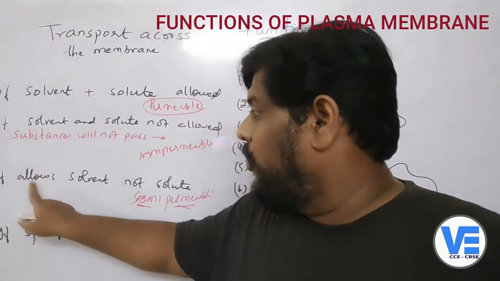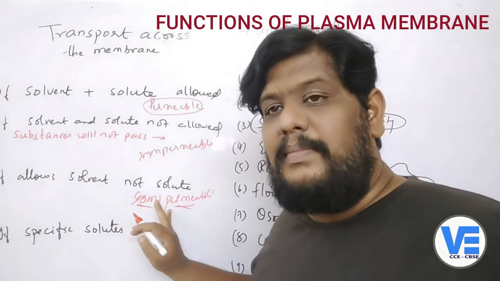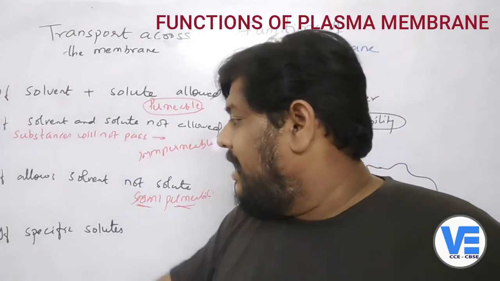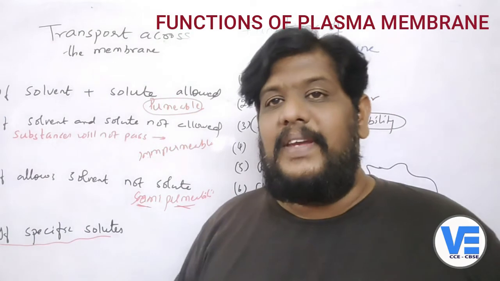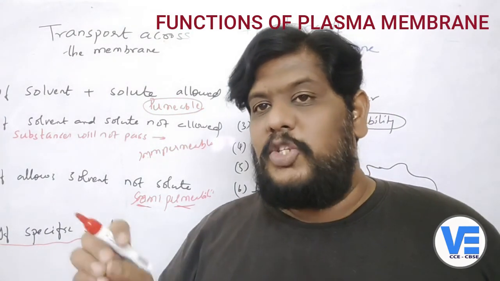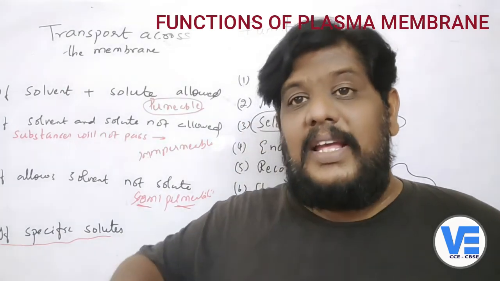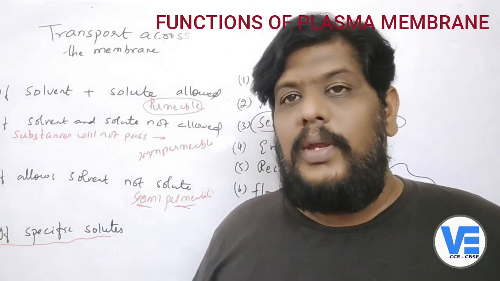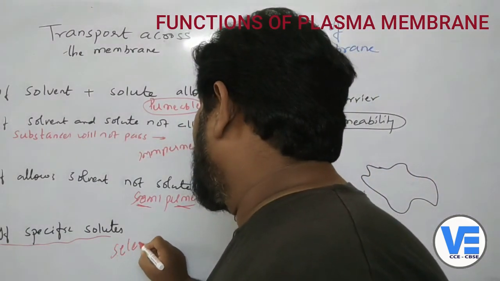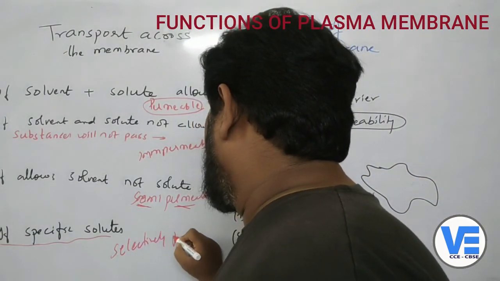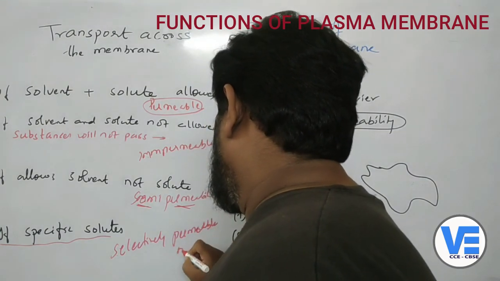So if it is allowing only solvents but not solutes, that's why we call it the semi-permeable membrane. And in the fourth condition, if it is allowing specific solutes to come inside, if it is very selective in allowing things to come inside, then we call it the selectively permeable membrane.